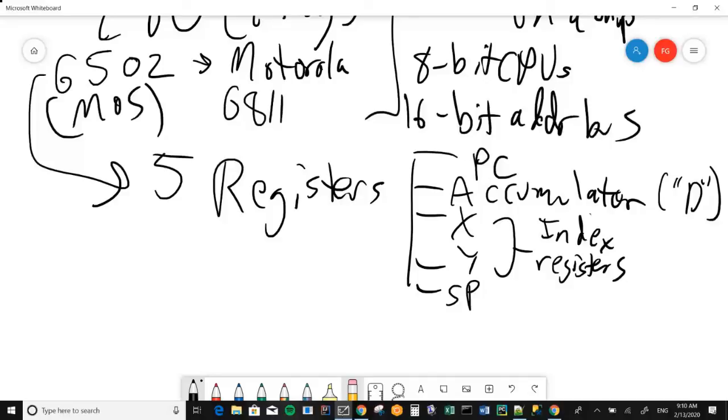Then SP was the stack pointer. Something really cool about this type of machine language is that it actually had a machine implemented stack, which could be used for implementing functions. There was a machine instruction that was a jump saving a return address.